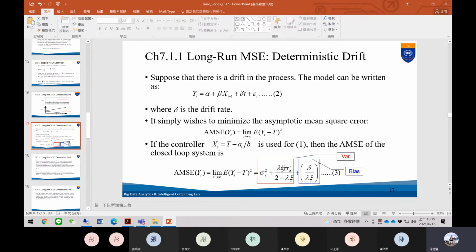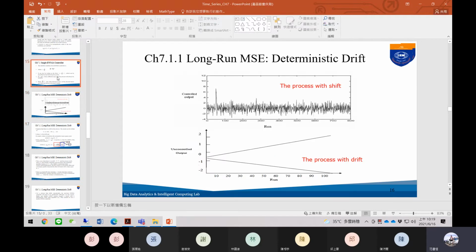This is psi, which we defined right here.